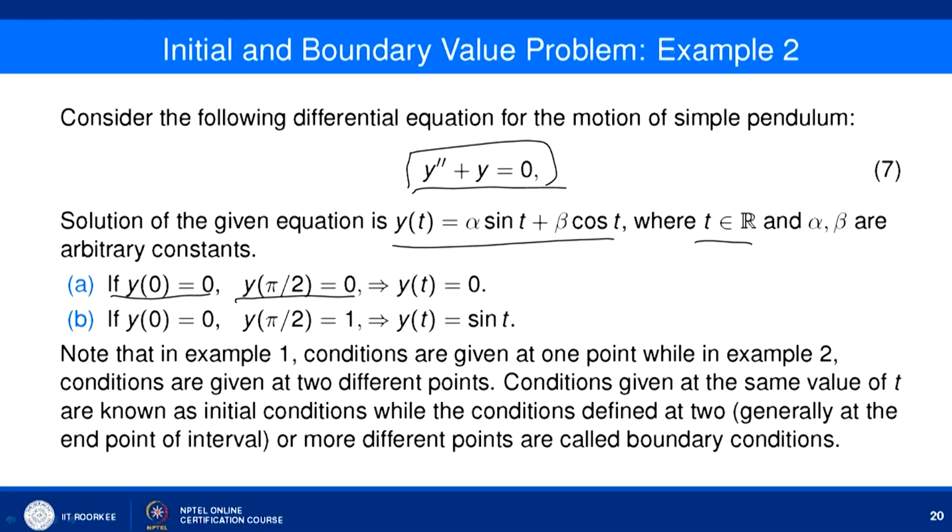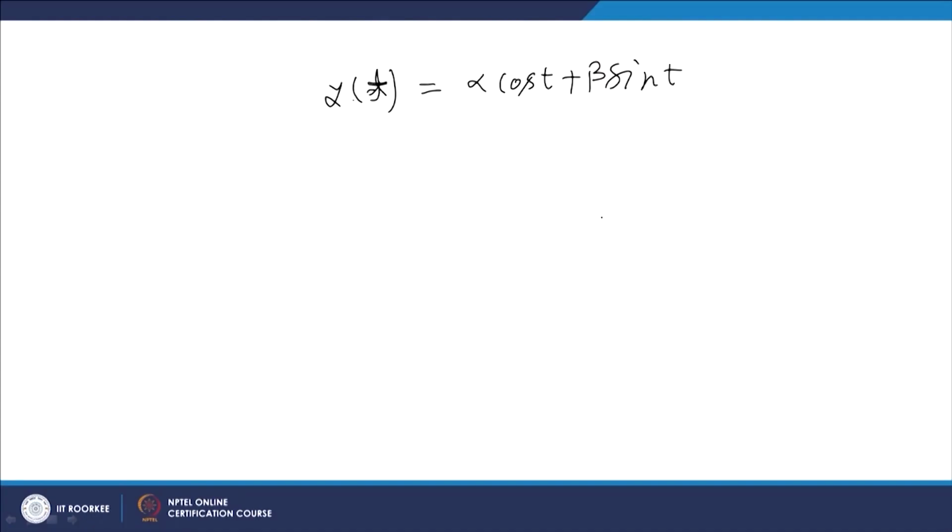That is what we have written here, alpha sin t plus beta cos t. Anyway, here we have written in a different manner, but we need to find out the solution of this equation, provided that y(0) equal to 0 and y(pi by 2) is equal to 1 here. We want to find out the solution of this.